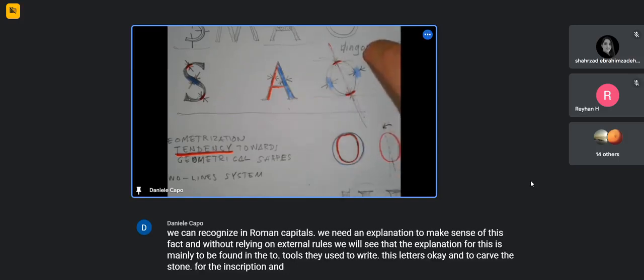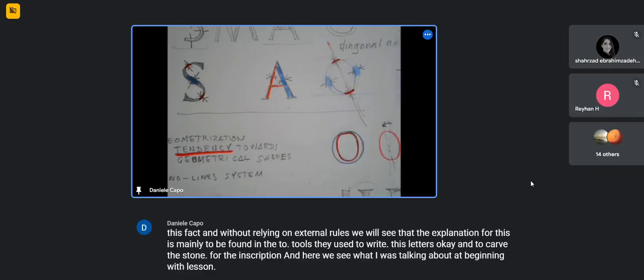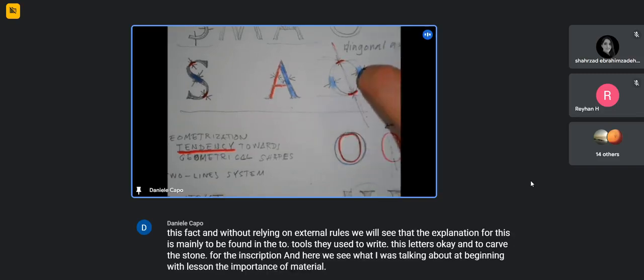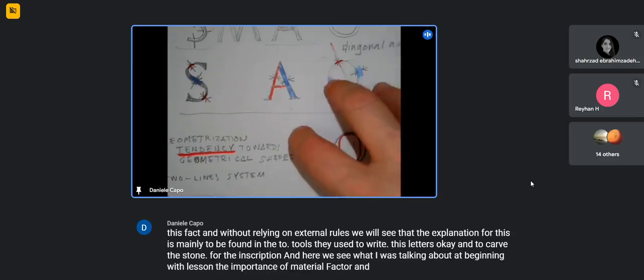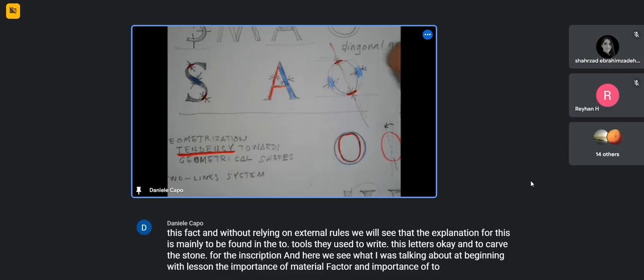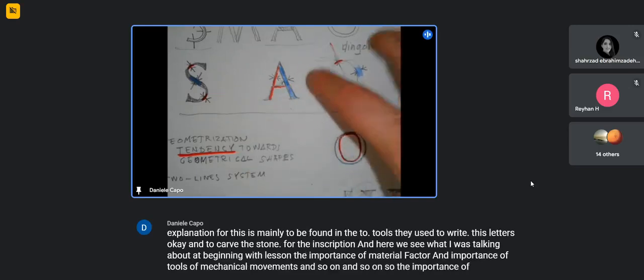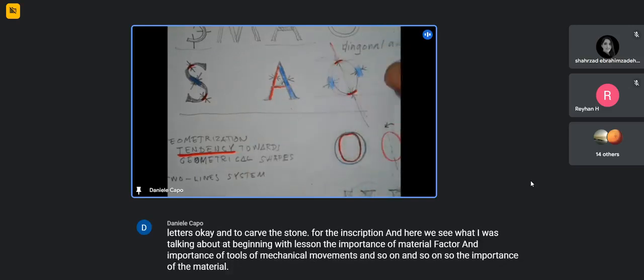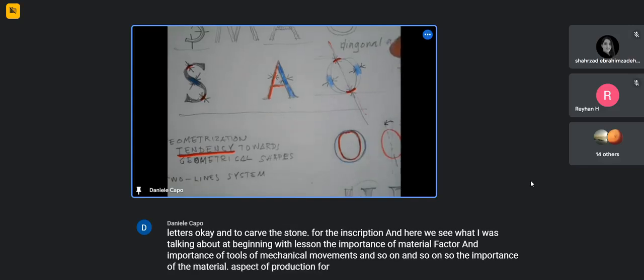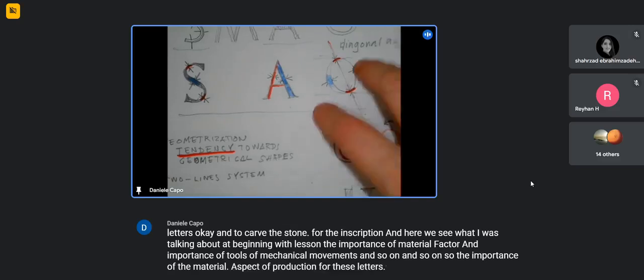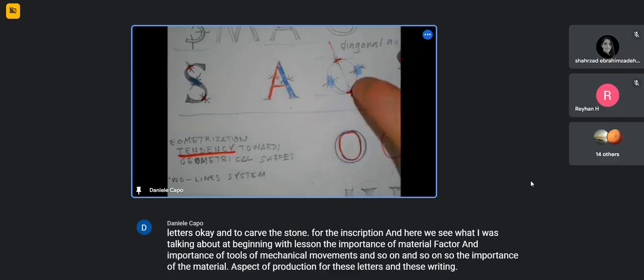And here we see what I was talking about at the beginning of the lesson, the importance of the material factor and the importance of tools, of mechanical movements, and so on. So the importance of the material aspect of production for these letters and this writing system.